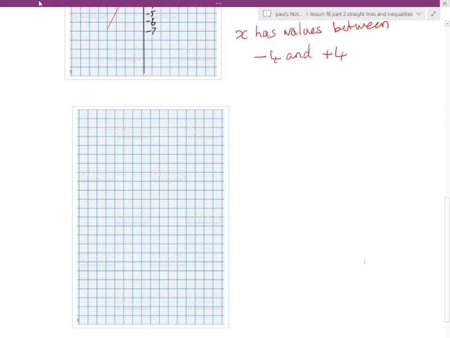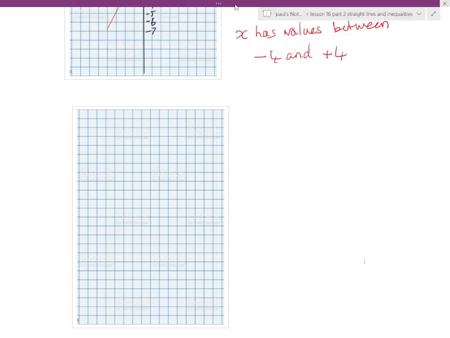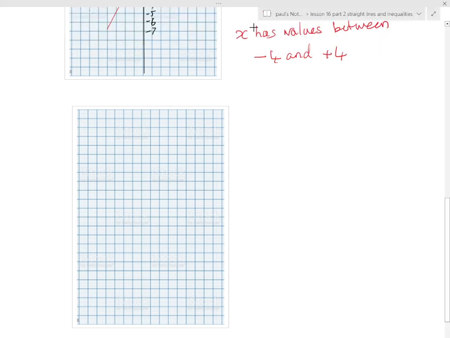Right. So choose the black pen and the straight line for doing another one of these. And we'll just do another graph with 1, 2, 3.